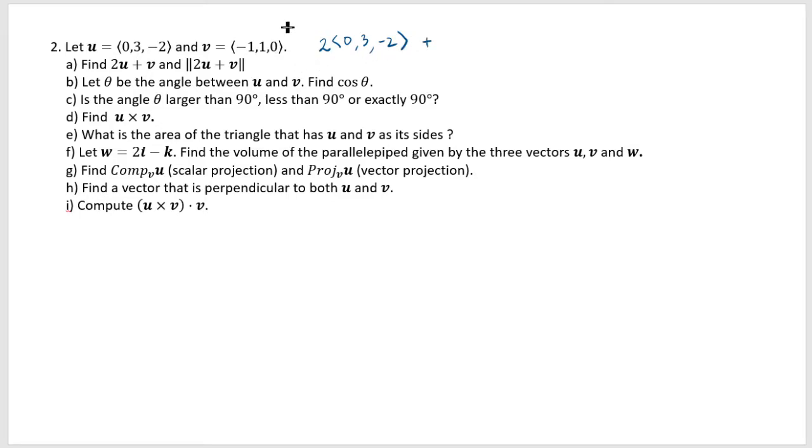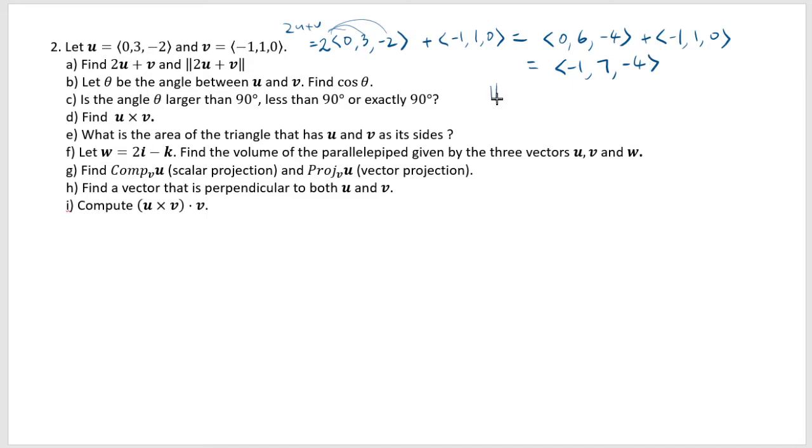So 2U plus V would be twice of U plus V, which would be 0, 6, negative 4. That's how you multiply the constant to a vector, the scalar multiplication. So that's going to give you negative 1, 7, and negative 4.